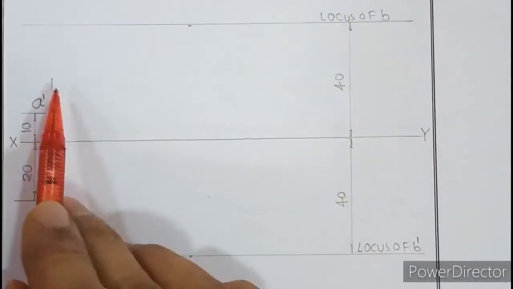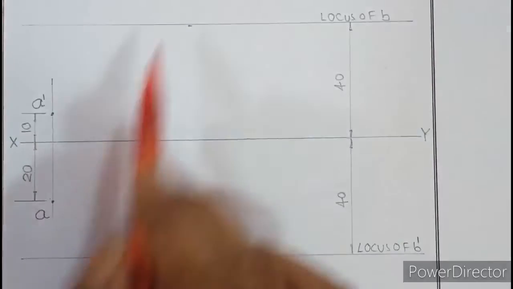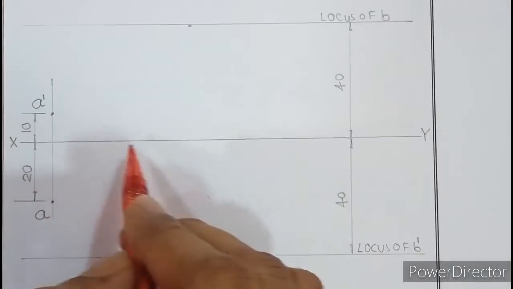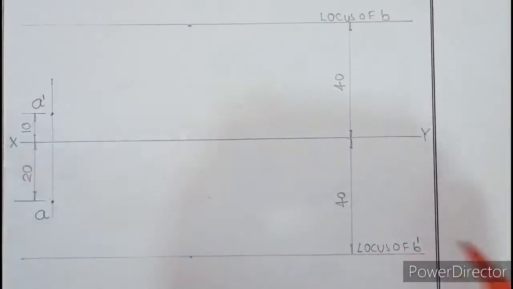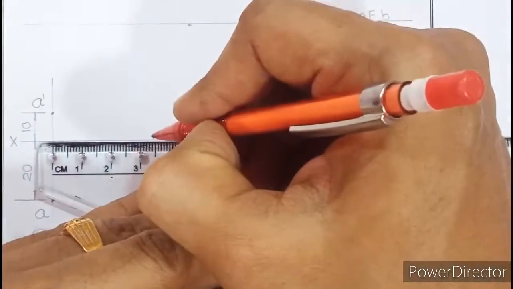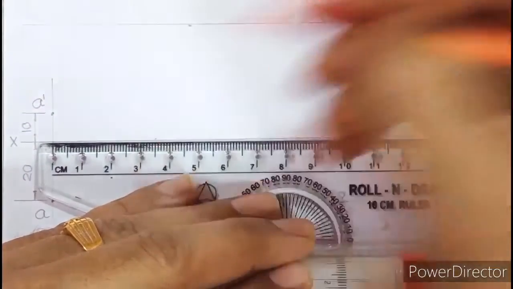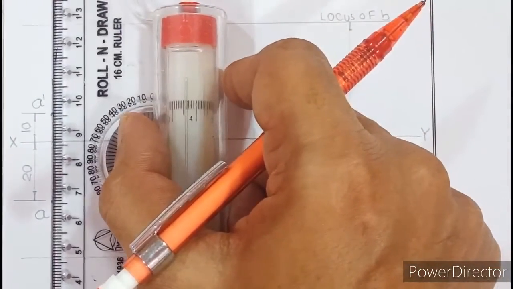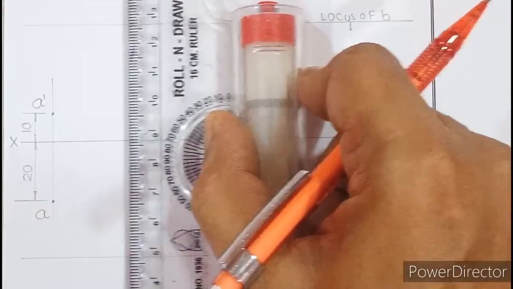So DBP is the horizontal distance between projector of A and projector of B. So we have already drawn projector of A. Now we have to move 35 apart and draw projector of B. So from XY and from the projector, we'll mark 35 millimeter. So mark 35 here. And then parallel to this projector of A, we need to roll back.